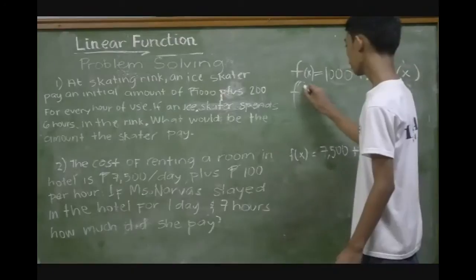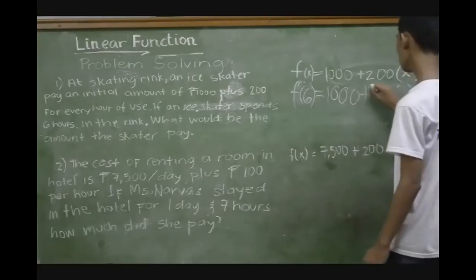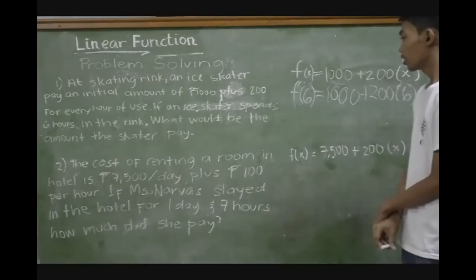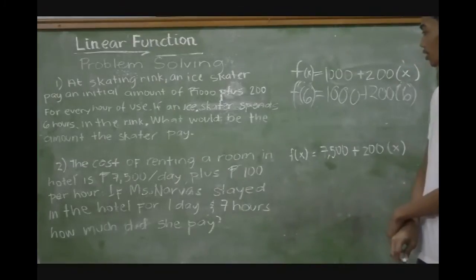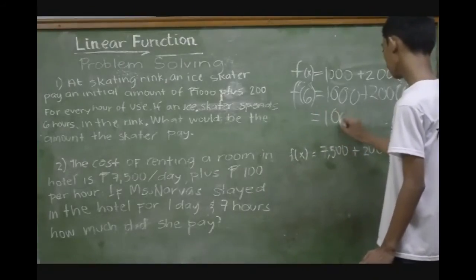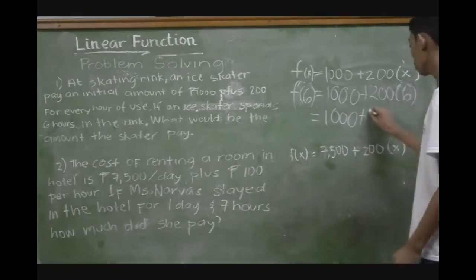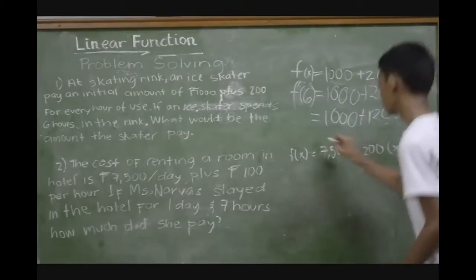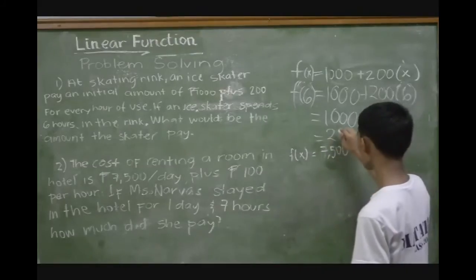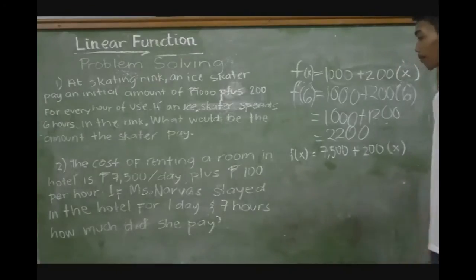F of 6 is equal to 1,000 plus 200 times 6, because the ice skater spends 6 hours in the rink. 200 times 6 is equal to 1,200. 1,000 plus 1,200 is equal to 2,200. This is the amount the skater paid.